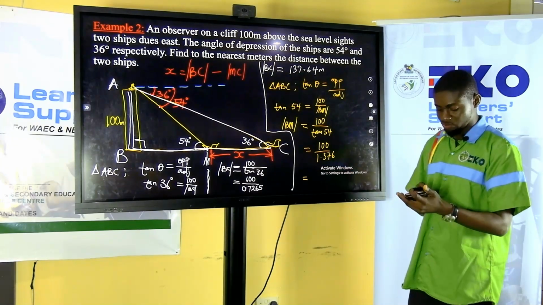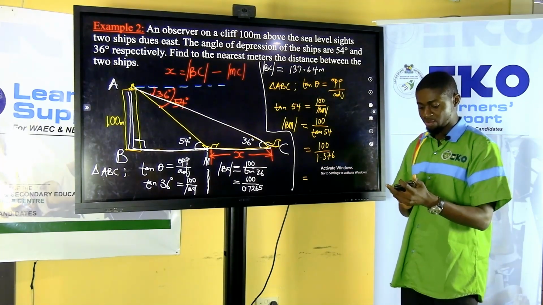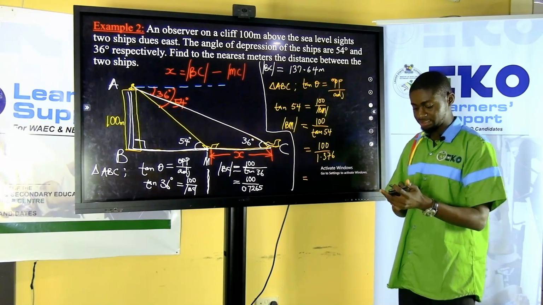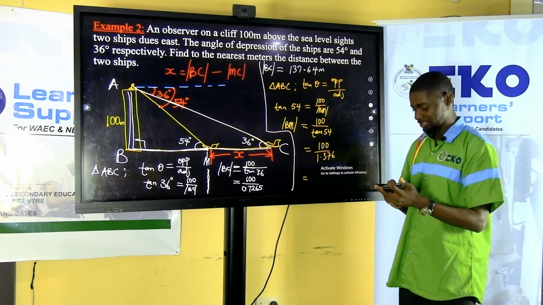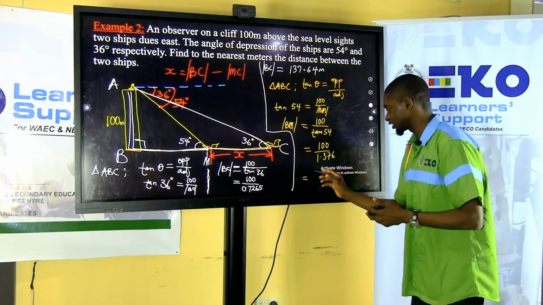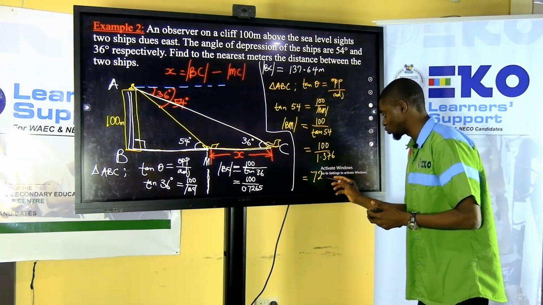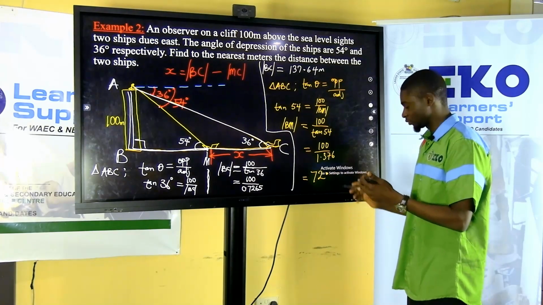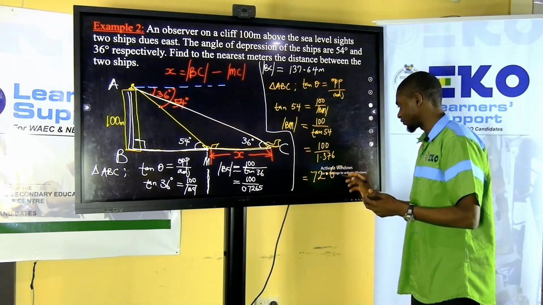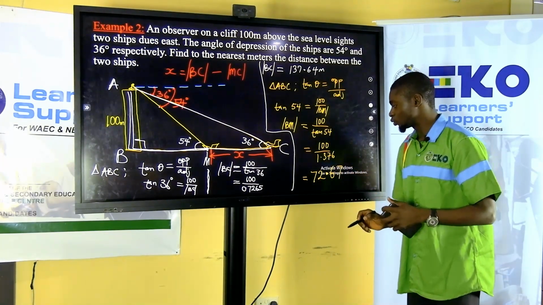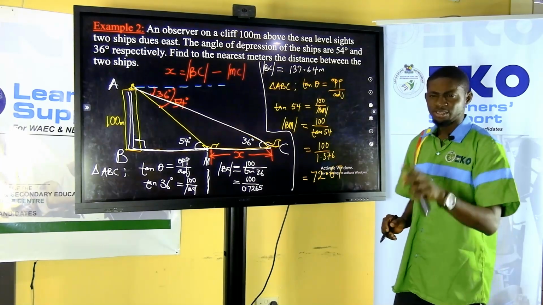When you do that, then divide 100 by 1.376. That gives us 72.67 meters. Let me correct this.